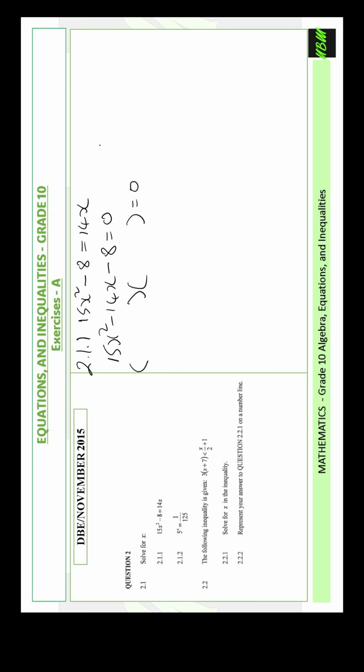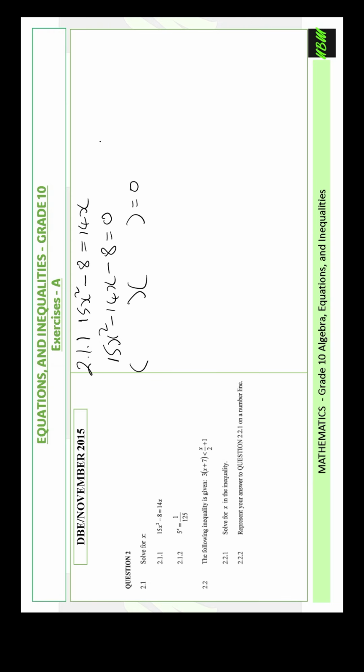So now, how do we get the values inside the brackets? How do we now factorize a quadratic expression? We have dealt with that when we were doing the simplification, but this is the process. I'm going to do it step by step so that we can see how to factorize a quadratic expression.